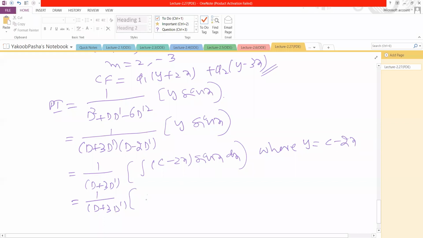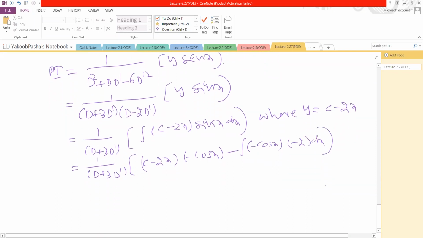Now the uv formula here: c minus 2x is u, v means integration of sin x, that is minus cos x, minus integral v means integration of sin x, that is minus cos x, and the differentiation of c minus 2x is minus 2 into dx.